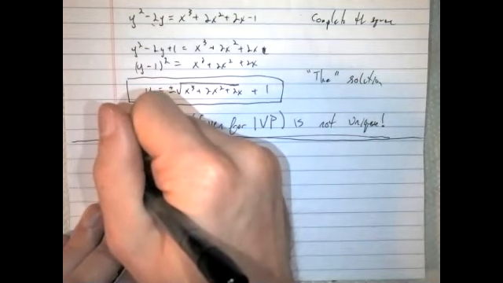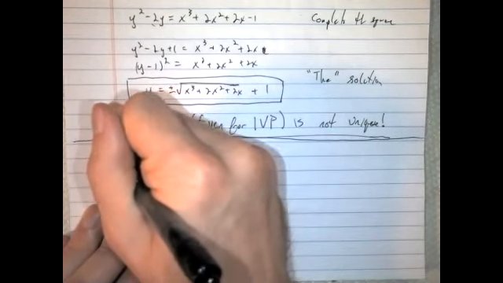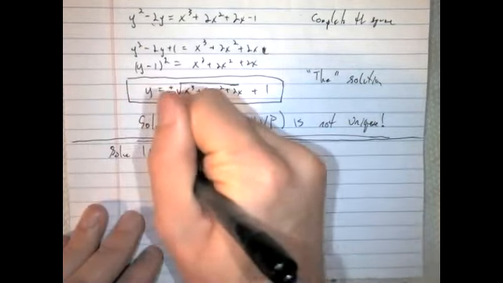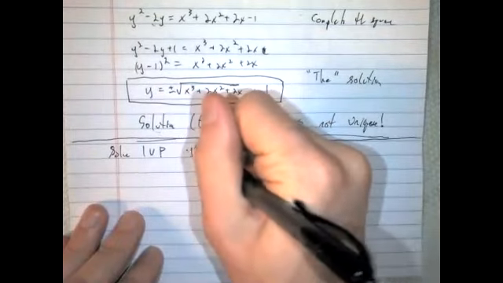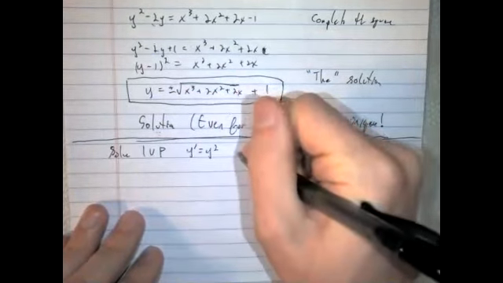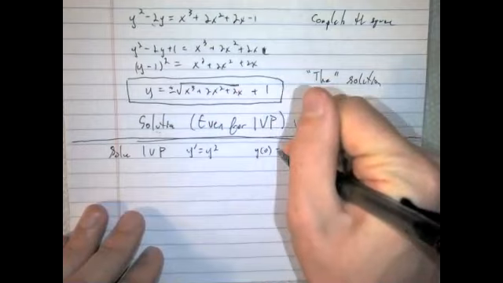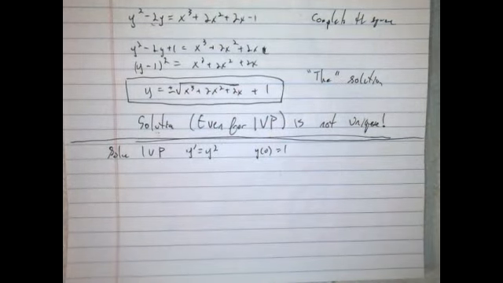Let's examine the following differential equation. Solve the IVP: y prime is equal to y squared, and y of 0 is equal to 1. Once again, is this linear or nonlinear? Nonlinear. It's nonlinear because I've got a y squared.